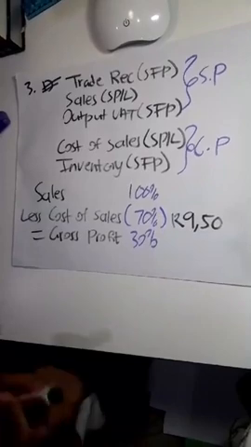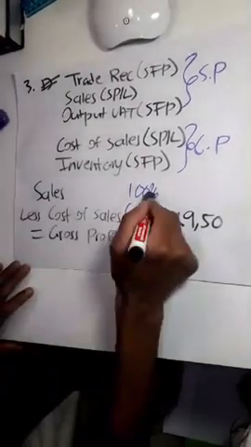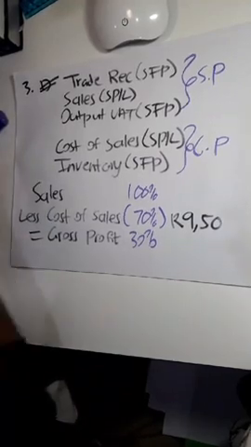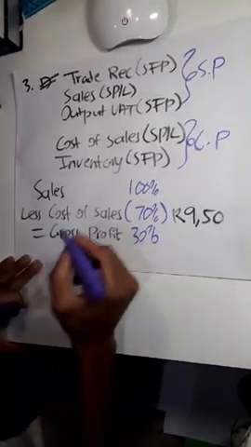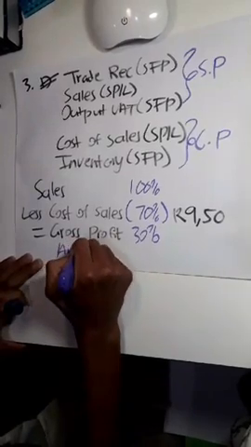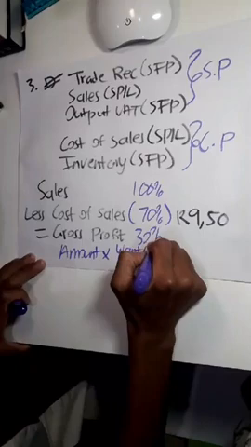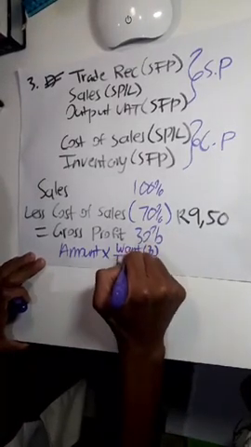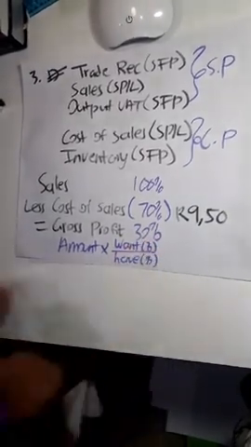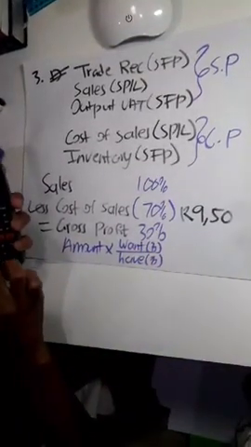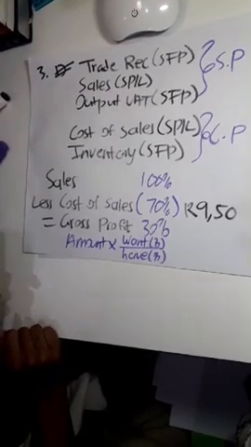Okay, and then now, how do you get your sales or the selling price? So remember that formula: take the amount, multiply by what you want in percentage, over what you have in percentage, right? So now, what is our amount? Our amount is 9 rand 50 cent.